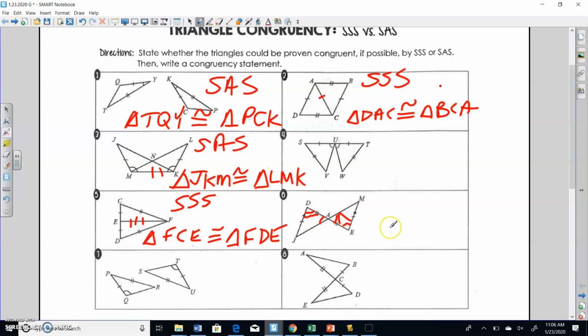So I need to correct that in my other class. So it is side, angle, side. And triangle JDA is congruent to triangle MEA. Last 2.